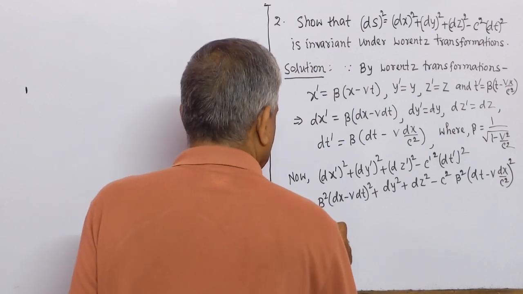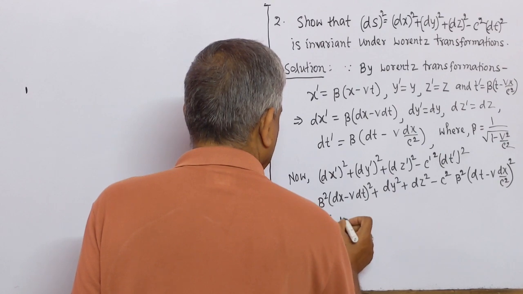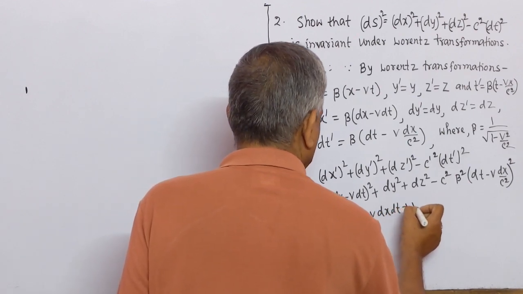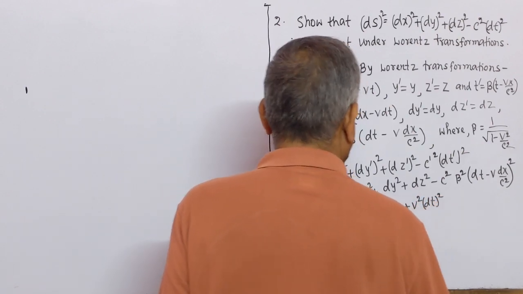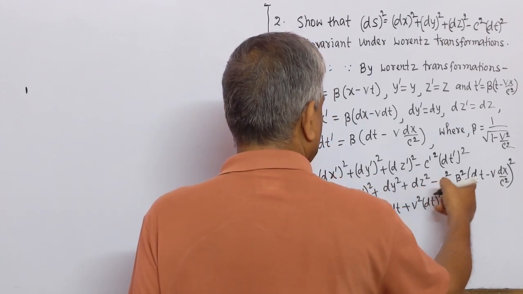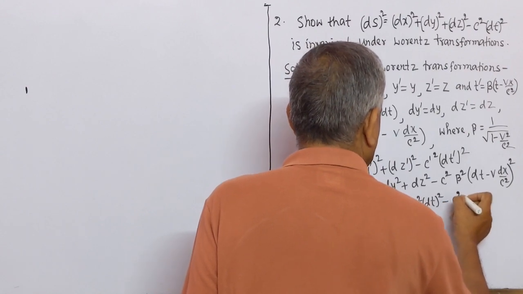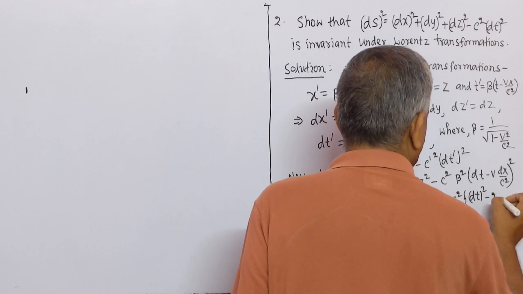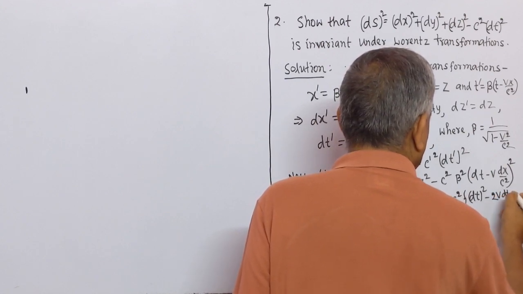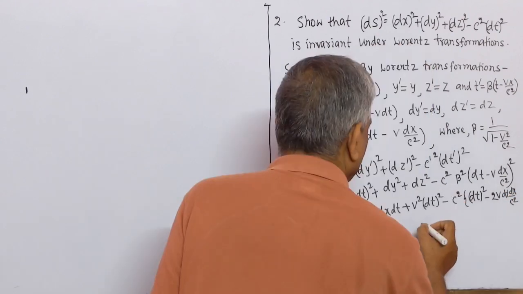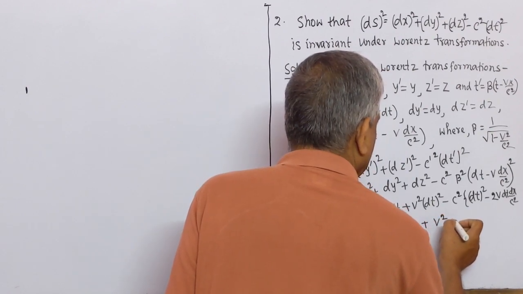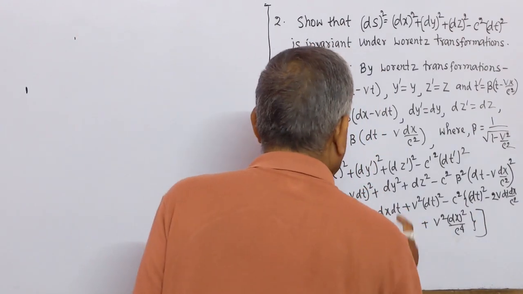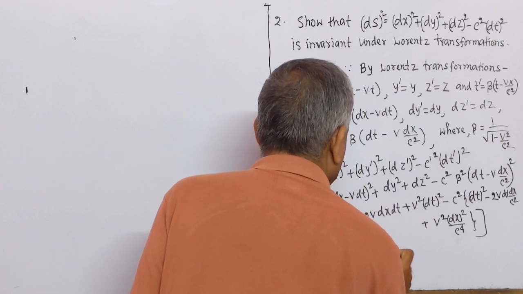This equals beta square times dx square minus 2v dx dt plus v square dt square, and here we take common beta square, and c square remains here, times dt square minus 2v dt dx by c square plus v square dx square by c to the power 4, and plus dy square plus dz square.